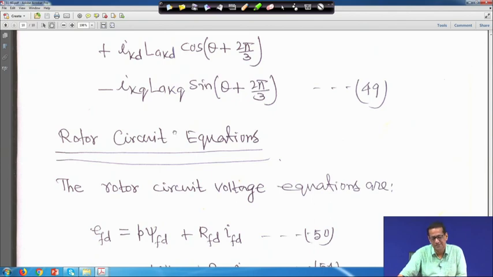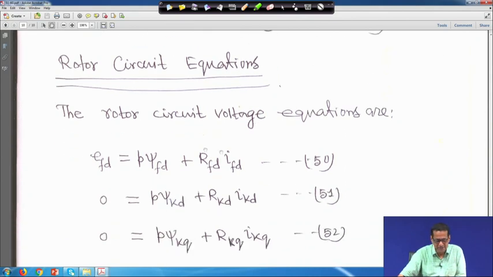Now the rotor circuit equation will come, because we have to see the rotor circuit: on the D axis you have the field winding as well as an armature winding, and similarly on the Q axis you have only an armature winding. So the rotor circuit voltage equation will be, where P is d by dt.